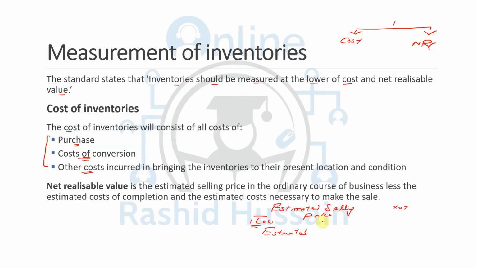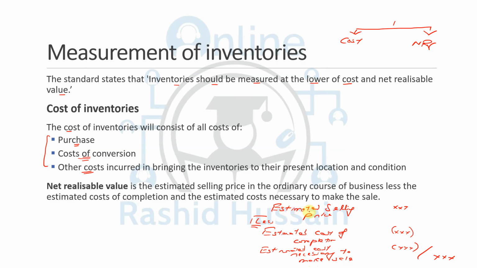So estimated cost of completion, and then we have estimated cost necessary to make the sale. And then you get the resulting figure, which is the NRV.